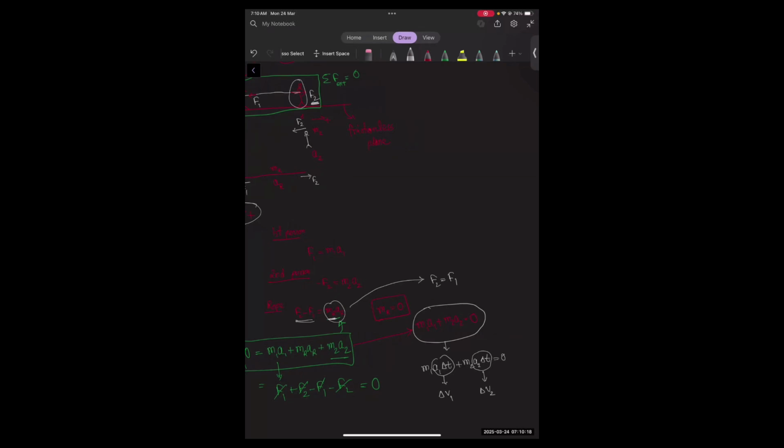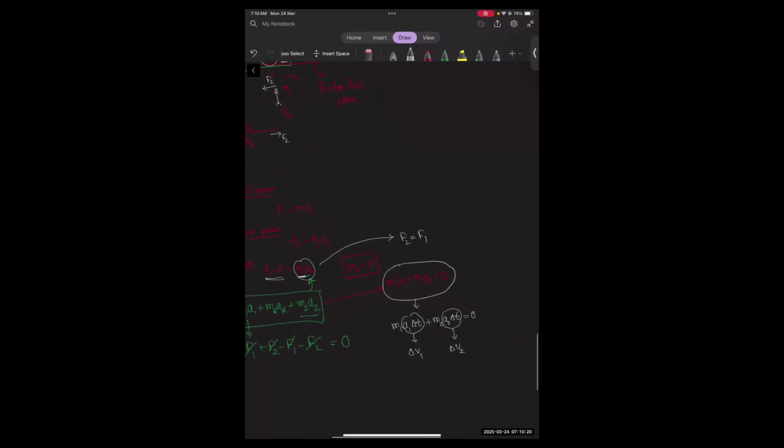This is first object's velocity change, this is second object's velocity change. How do I know? Remember, we had u plus at is equal to v, so you get at is equal to v minus u, which is basically delta v. So this equation is equivalent to m1 delta v1 plus m2 delta v2 is equal to 0.